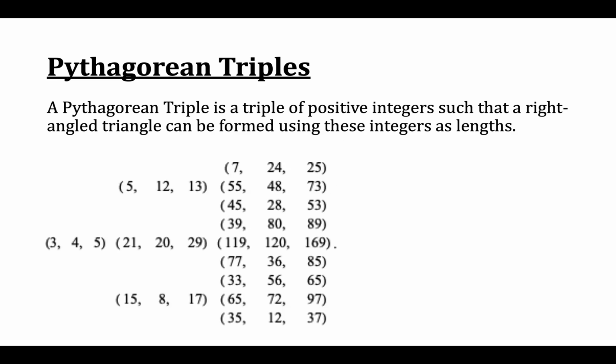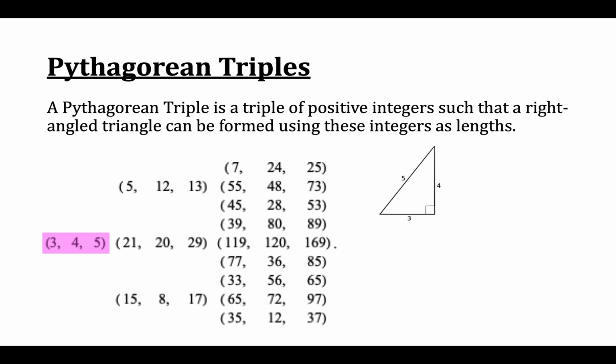Now there are 16 primitive triples to start with. Now we can make more triples from these, but these are the sort of original ones, if you like. And the most common one that we see a lot is the 3, 4, 5 triangle.